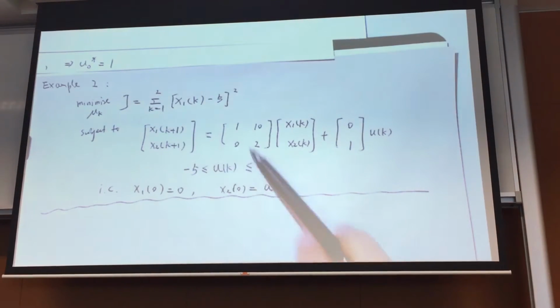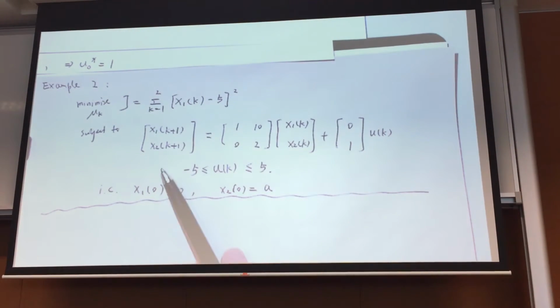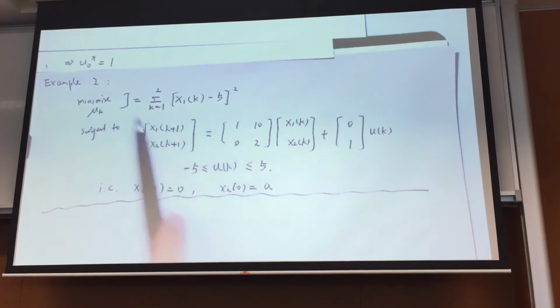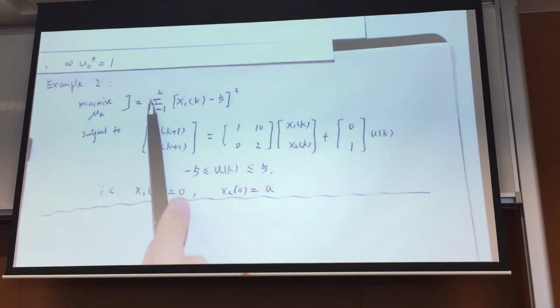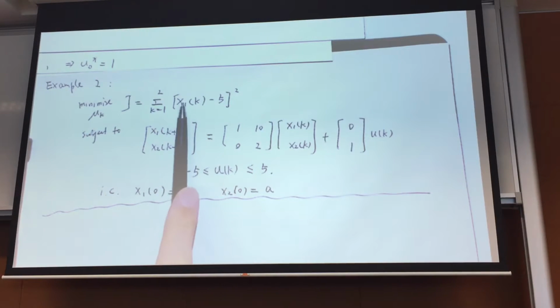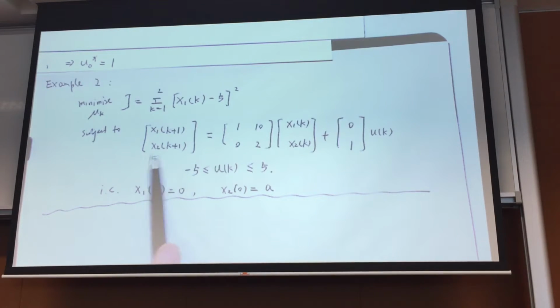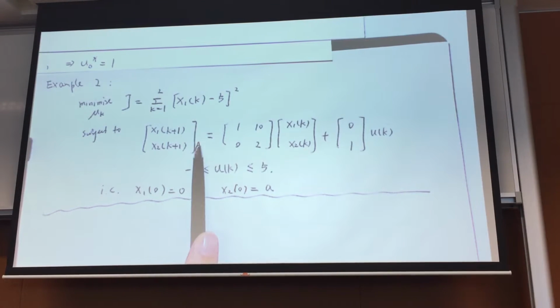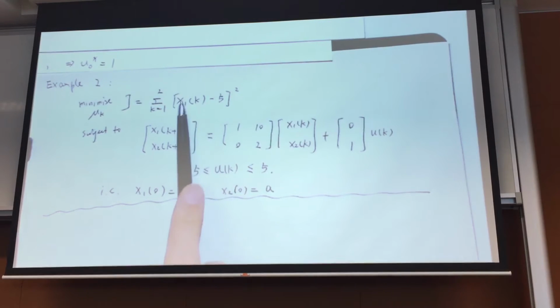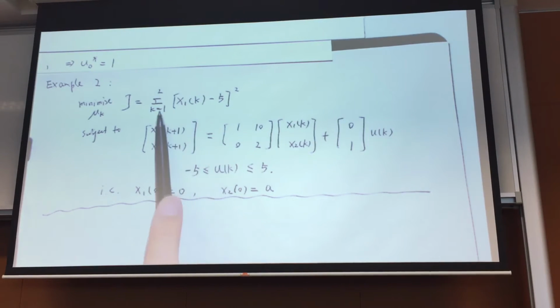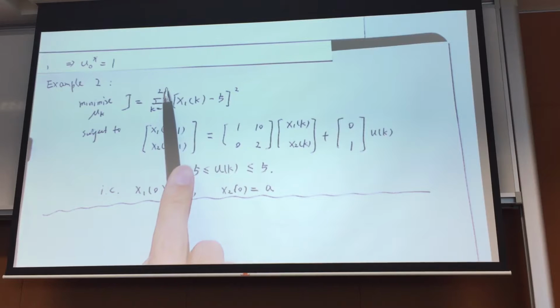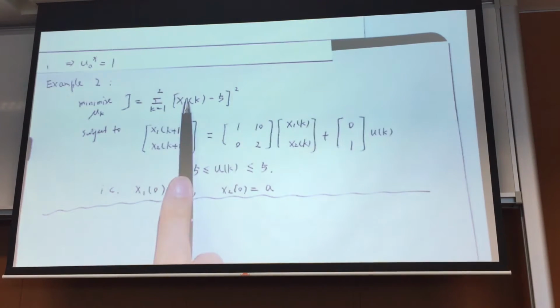To tackle this problem, firstly, let's observe the cost function. We know the cost function depends on x1k and x2k, and in this equation we require x11 and x12.